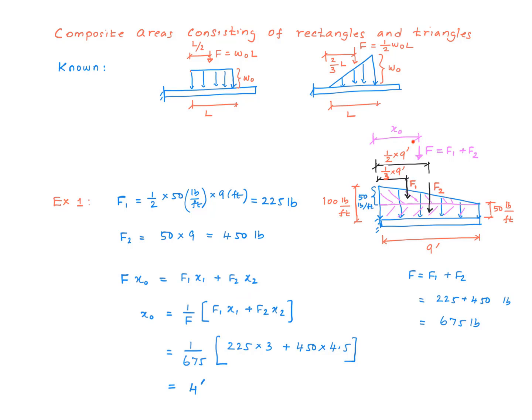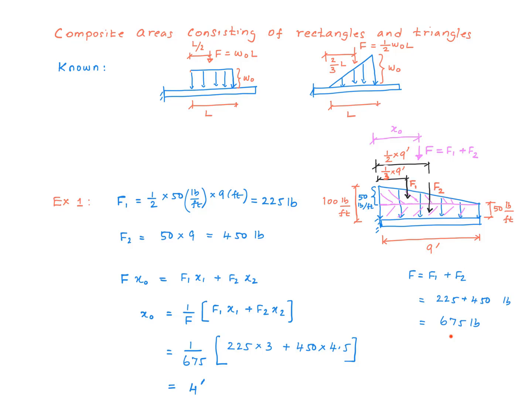So F multiplied by X naught. So in other words, we are taking moment from this point. F multiplied by X naught would be the moment of this resultant force, right? Which should be equal to the sum of the moments of individual forces. So that will be F1 multiplied by X1, which is this distance, plus F2 multiplied by this distance, X2, right? And therefore, X naught equals 1 over F times F1 X1 plus F2 X2.